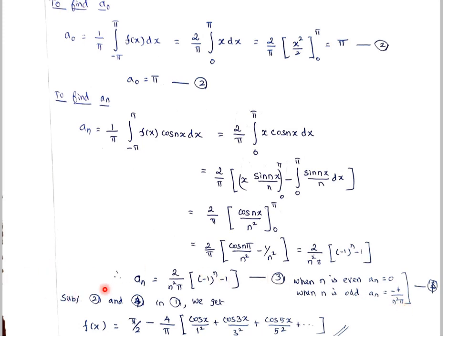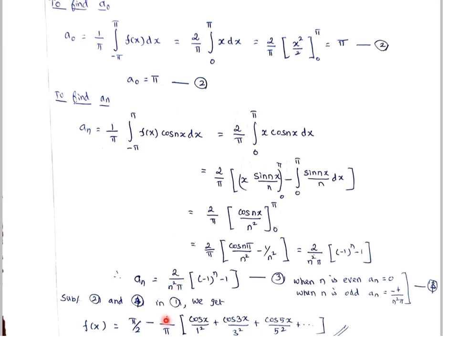Therefore, substituting these values, we can get f of x, where a naught equal to pi. Therefore, a naught by 2 will become pi by 2, minus the an terms. For even n, all the coefficients are 0.